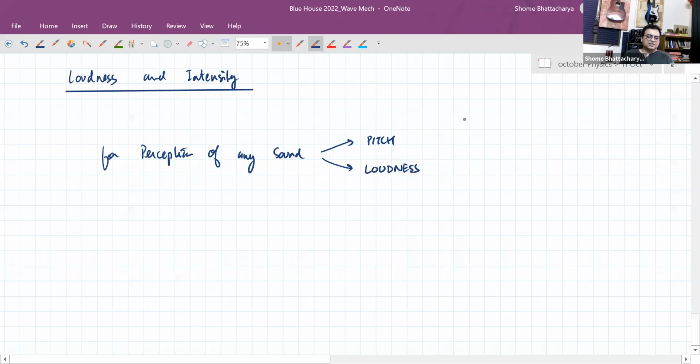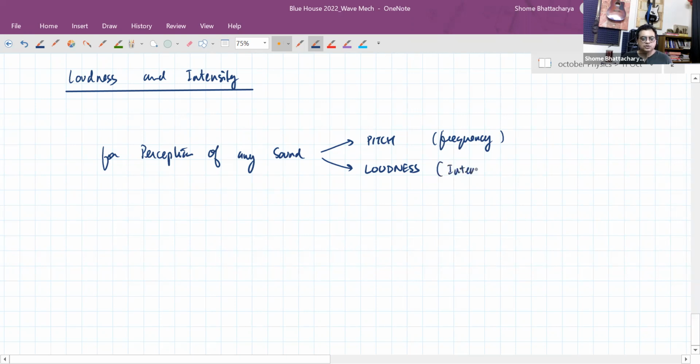Now, pitch is a little bit more subjective than what we can define purely by a physics parameter. But pitch is more or less got to do with frequency. When we discuss standing waves, I'll tell you what is the exact difference between pitch and frequency. But we can think that more or less approximately the pitch of a sound, that is whether it is very shrill or it is very low, that is to do with the frequency. Whereas the loudness is more or less got to do with the intensity.